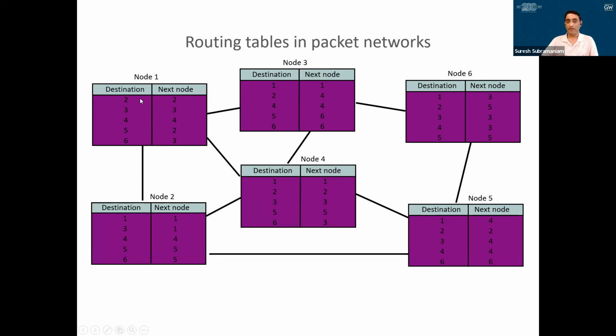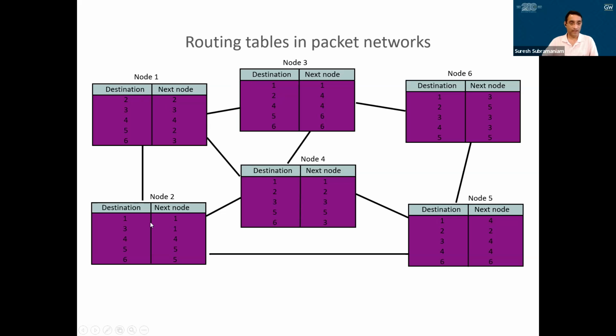In simple terms, the table contains two columns, destination and next node. What these two columns say is that if your destination node is 2, then send the packet to node 2. If the destination is 3, send the packet to node 3.